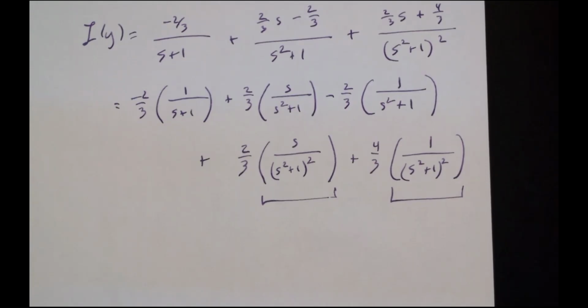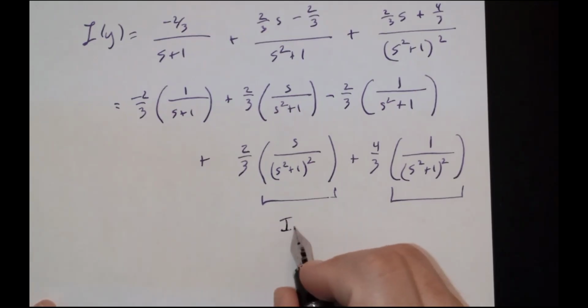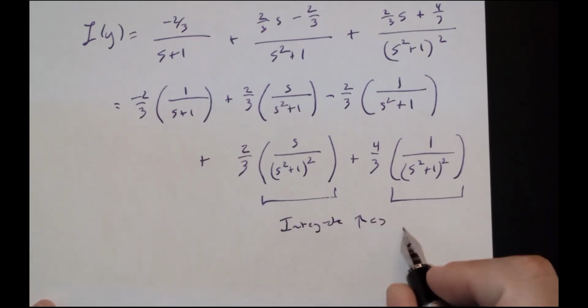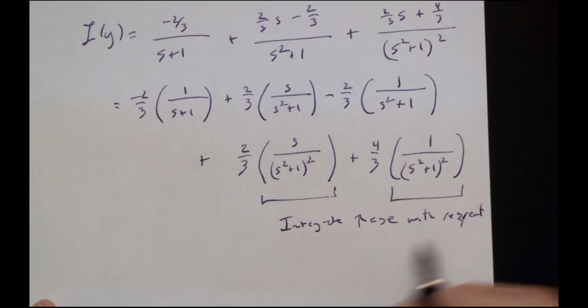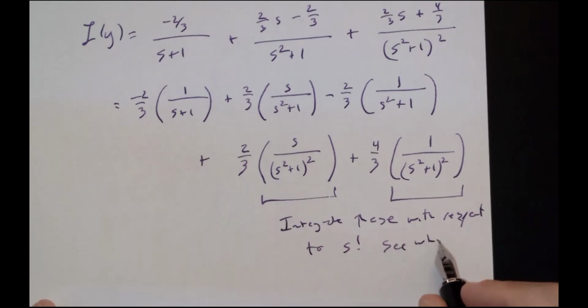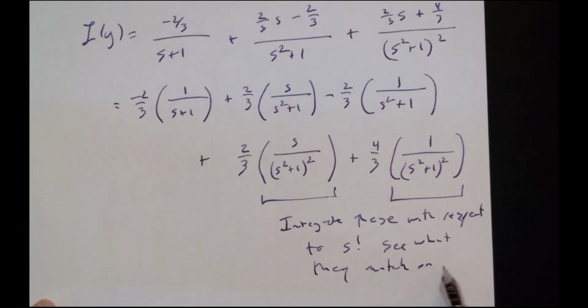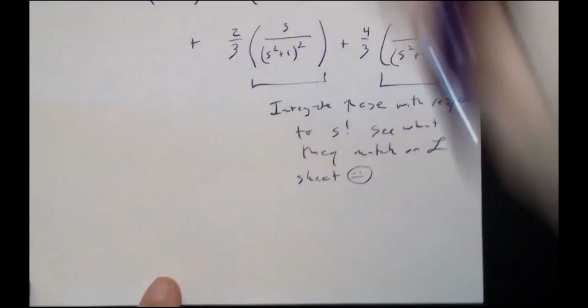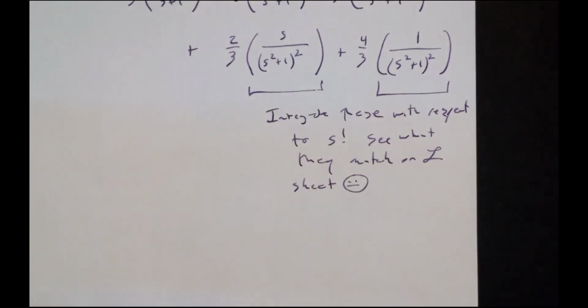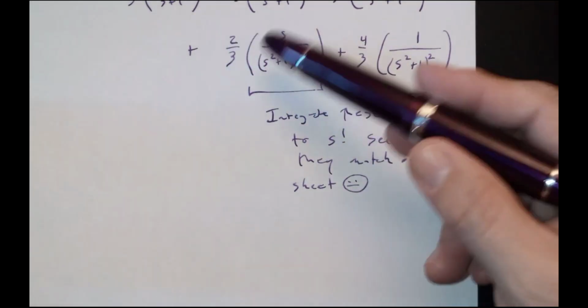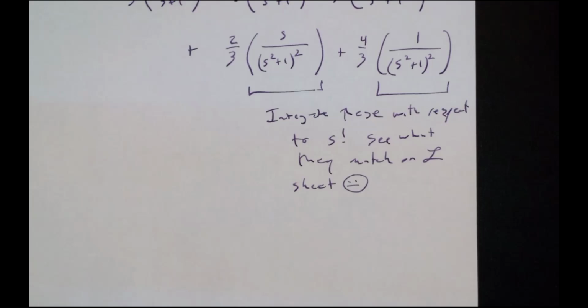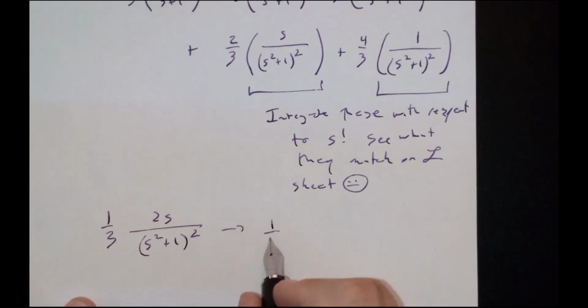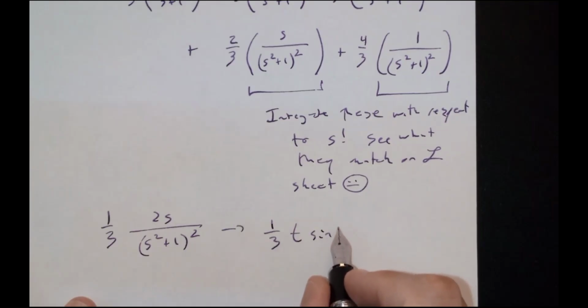All right. So this one should work. As a matter of fact, if I bring the 2 in, that makes that one right away, right? 1/3 2s over s squared plus 1 squared means this should be 1/3 t sine t.